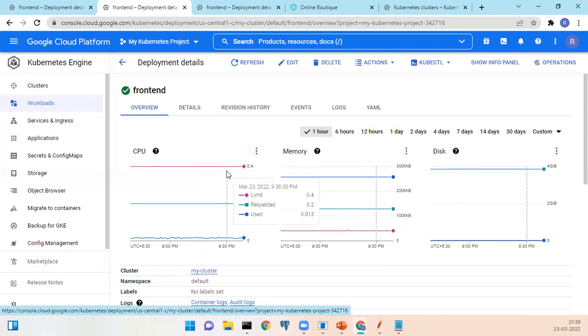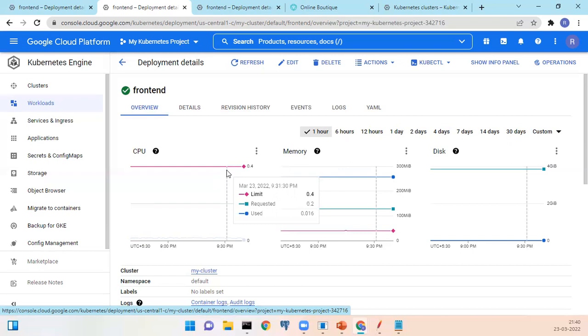As I said in the beginning, this front end, and all the workloads for that matter, will get the resources from the nodes that are created in the cluster. At this point of time, we have 4 nodes. Let us assume we have generated so much load on all the microservices, and auto scaling is also enabled.